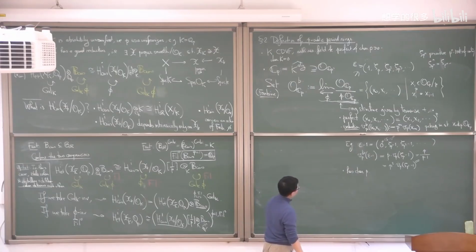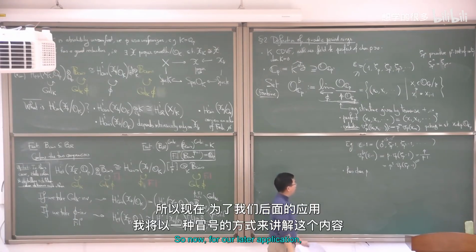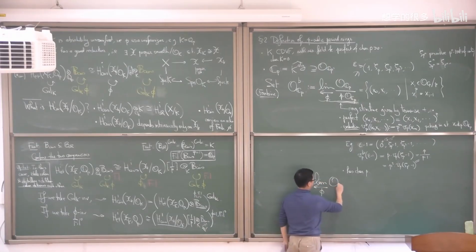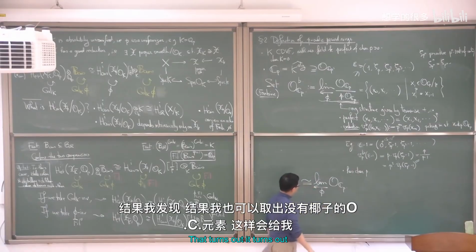Okay. So now, for our later application, I'm going to give an equivalent way to write this, which looks very much different. It turns out that I can also take the inverse limit of O_C without quotienting out by p.